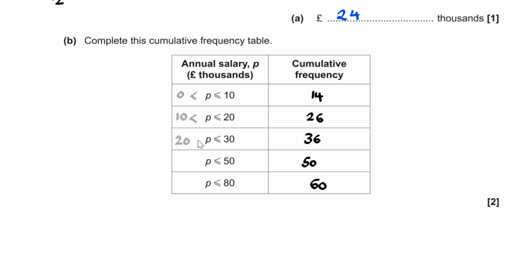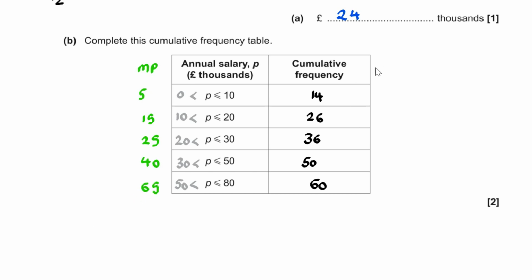Here we're going from 20 to 30. Here we're going from 30 to 50. And here we're going from 50 to 80. We now need to find the midpoints. We have 5, 15, 25, 40, and then the midpoint over here is 65.